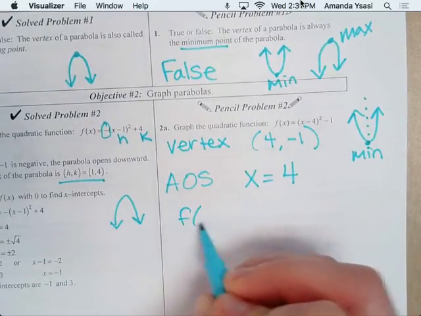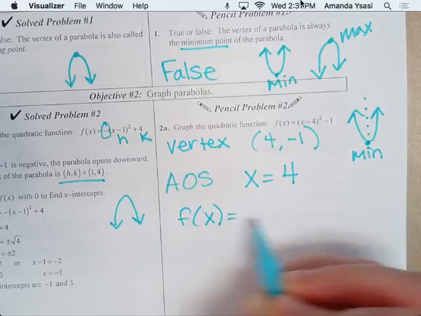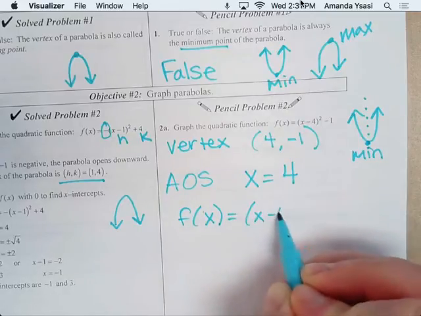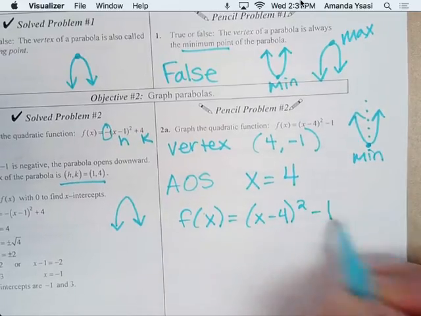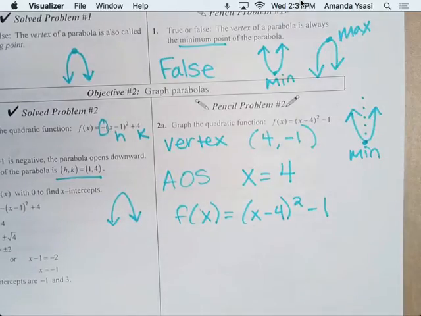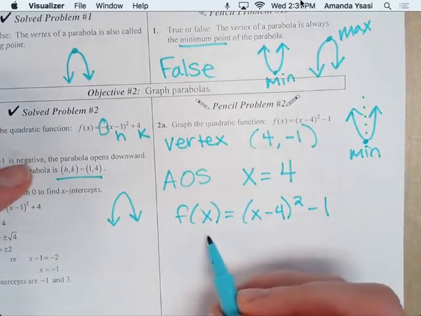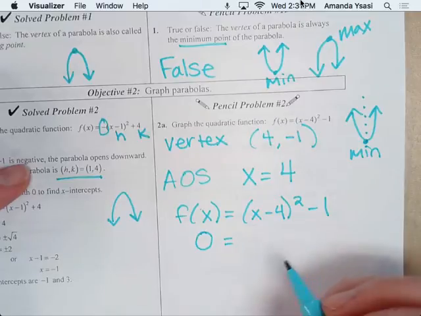So f of x equals (x minus 4) squared minus 1. To find our zeros, we'll plug in a 0 for y and solve for x.